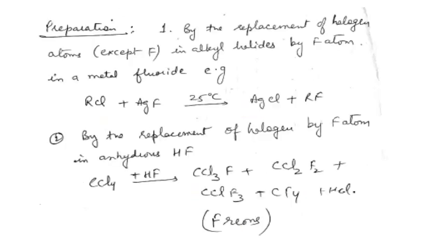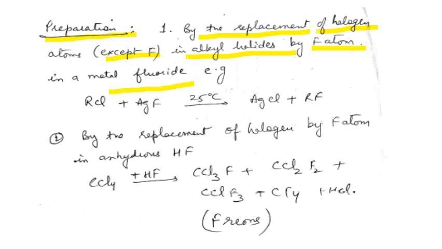So what are the different methods of preparation of fluorocarbons? The first method is the replacement of a halogen, except fluorine, because fluorine is very highly electronegative, in alkyl halides by the fluorine atom in a metal fluoride.